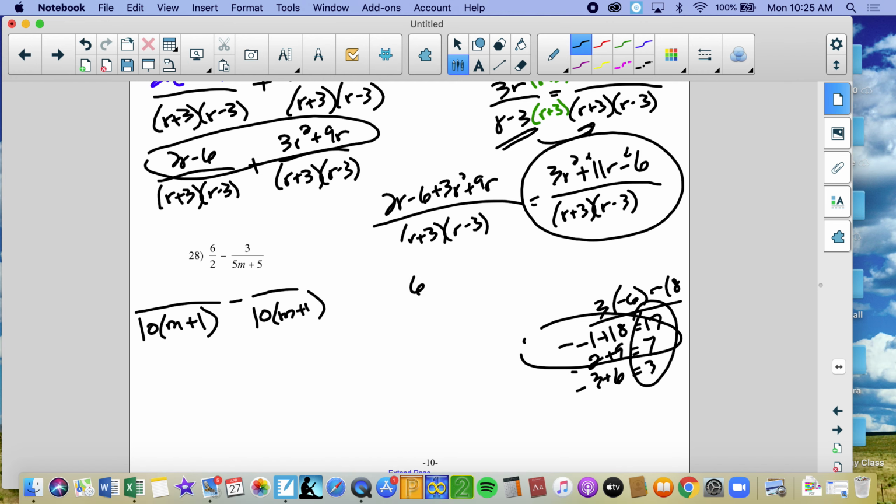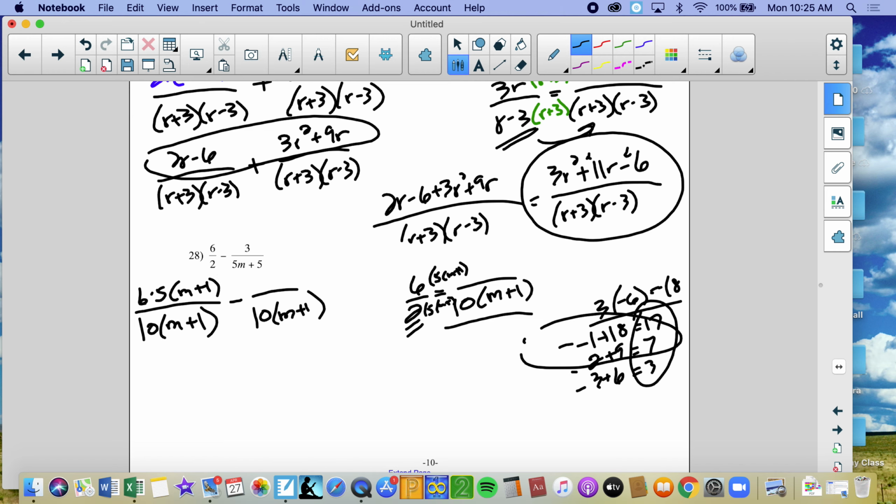10 times the quantity m plus 1 is going to be the common denominator. So when we have 6 over 2 equals what over 10 times m plus 1, what did I multiply 2 by to get that? Well, I multiplied it by 5 times the quantity m plus 1. So I have to multiply this by 5 times the quantity m plus 1. So I have 6 times 5 times m plus 1.